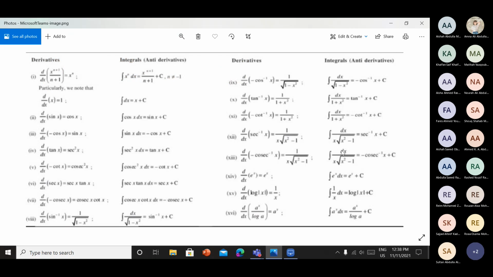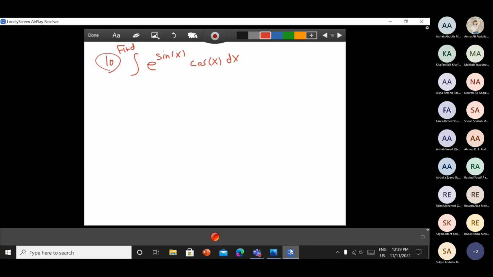I have only e to the y, or e to the x dx. So I have to keep the exponential function alone. This gives me the clue for the substitution. It is a very good hint to get rid of this one.